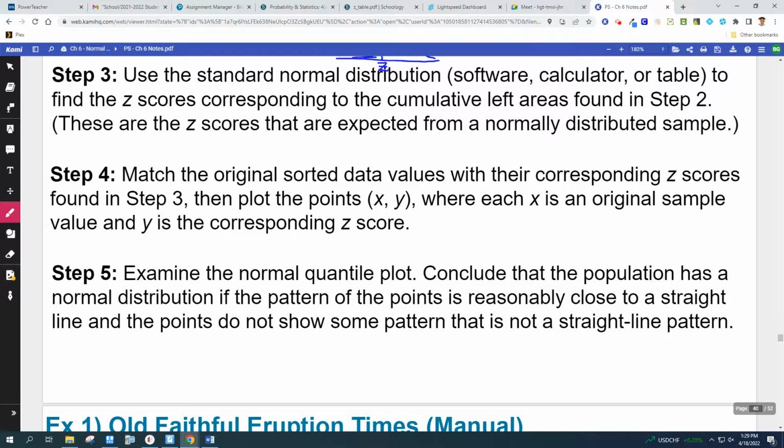We're looking for the z-scores. Probably easier to understand if you use the table, but you definitely could use your calculator. Step 4, match the original sorted data values with their corresponding z-scores found in step 3 and plot the points x, y, where each x is the original sample value and y is the z-score. So again, we're plotting these x, y points where it's going to be data value, z-score.